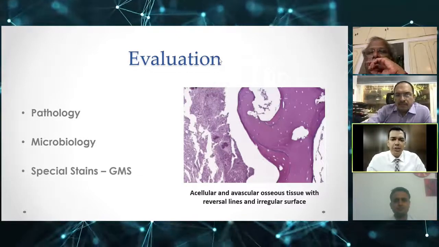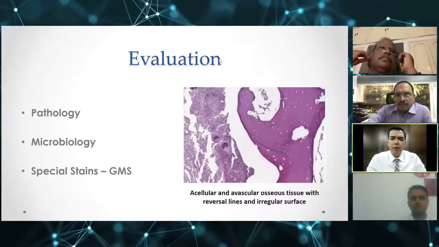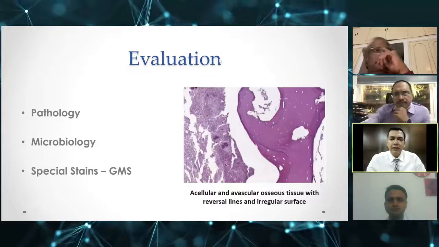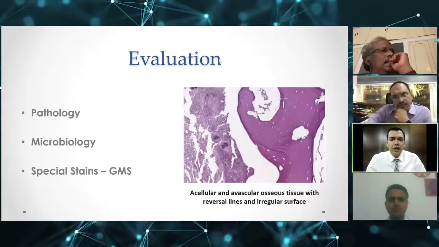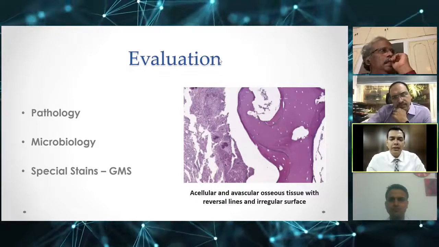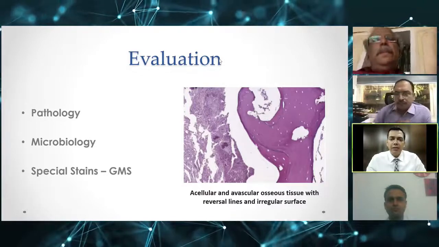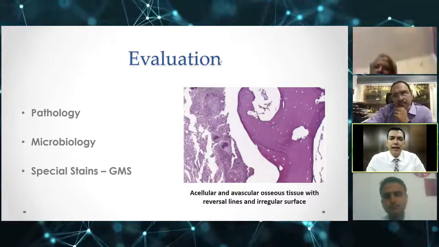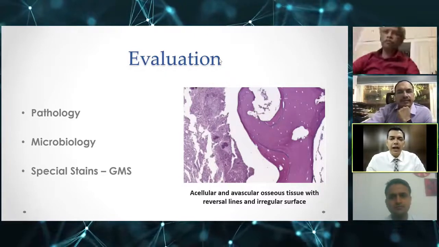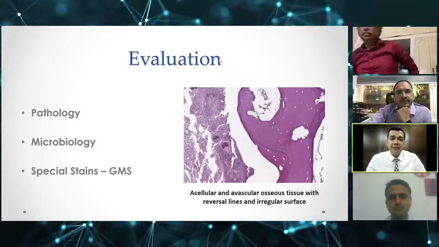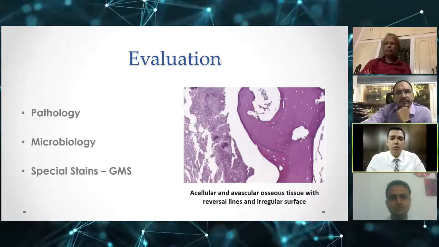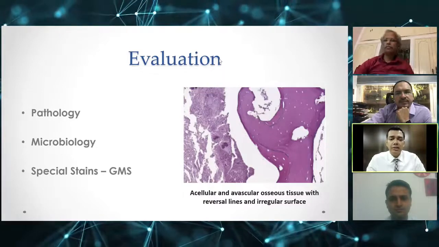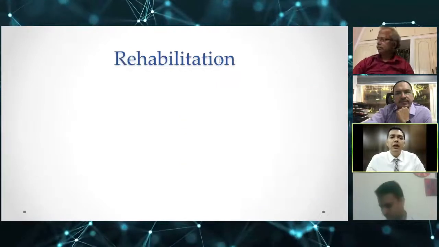I would like to re-emphasize that if you're not able to identify an organism and the patient otherwise clinically looks okay, please don't start empirical amphotericin or any toxic drugs, because these need to be given for long durations and have their own share of side effects and cost. So stay away from empirical therapy, especially if the patient is improving clinically.